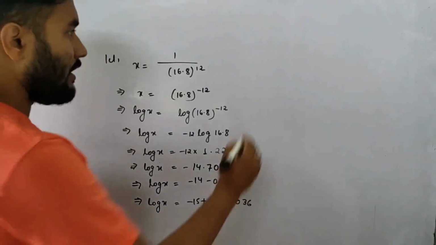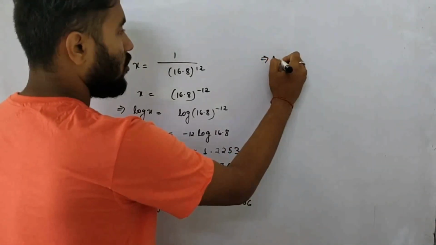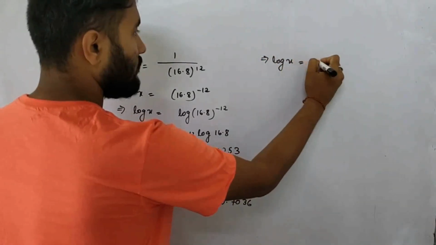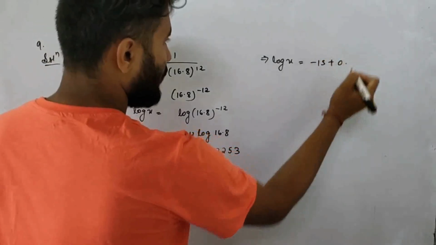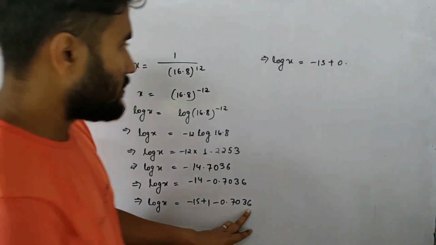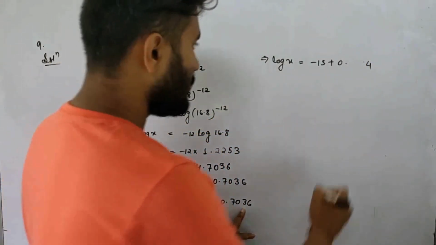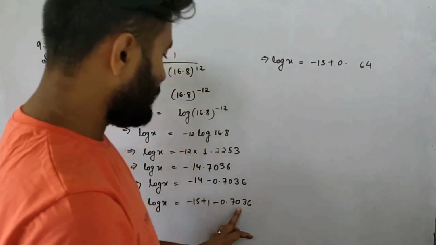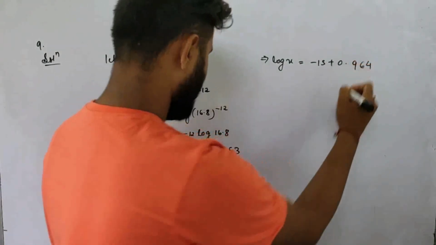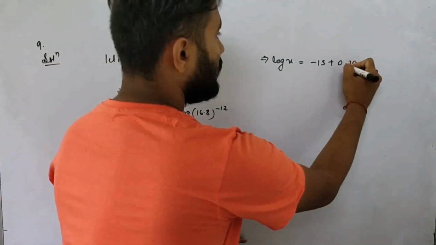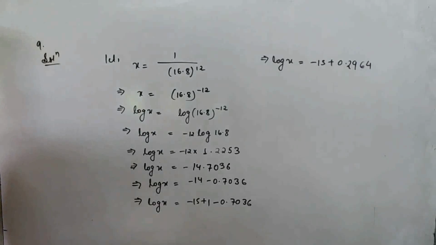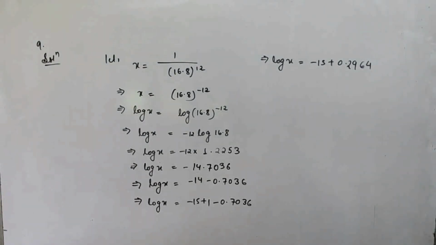So now, which implies log of x will be equal to minus 15 plus 0.6434601978 2, how much? 0.2964.